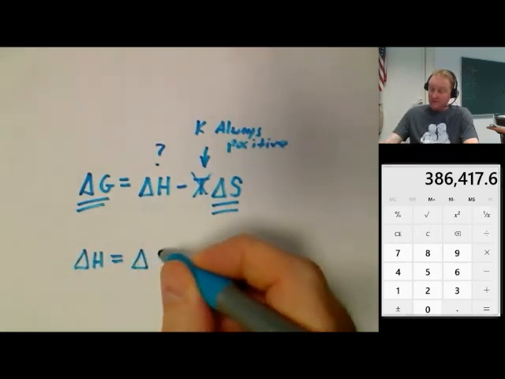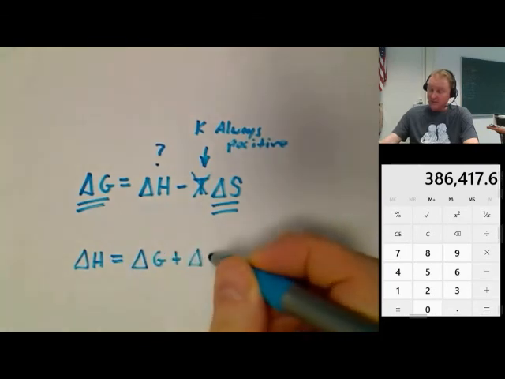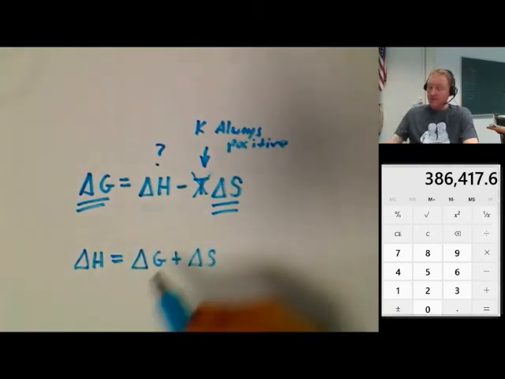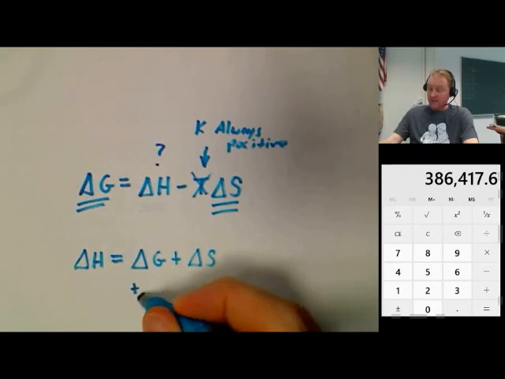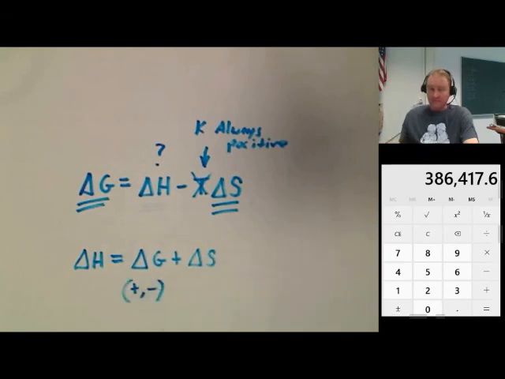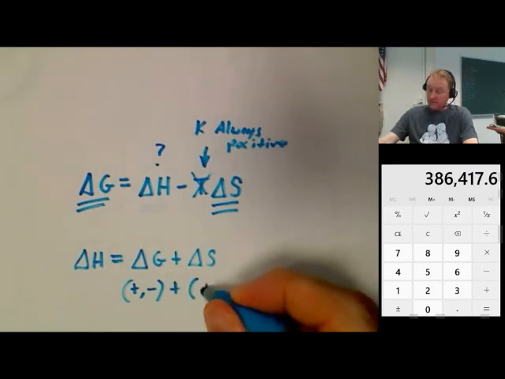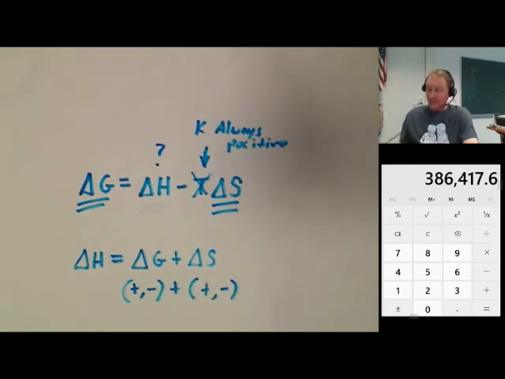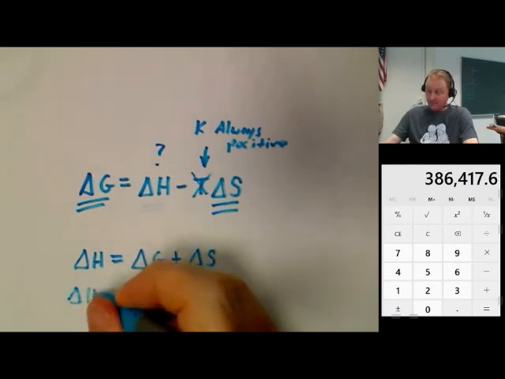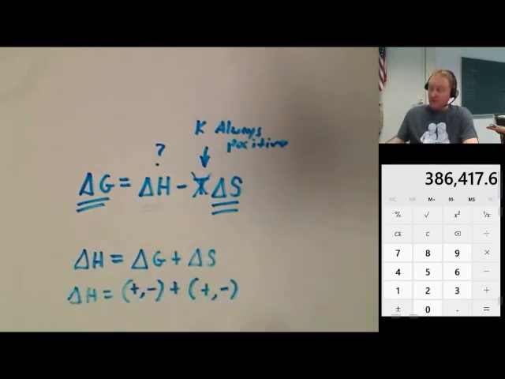So it's delta G plus delta S. And since we know if delta G is positive or negative from one step, and we know delta S is either positive or negative from another step, if we put in positive or negative, whatever's appropriate for each, and add them together, we should be able to make some sort of conclusion on what delta H is.